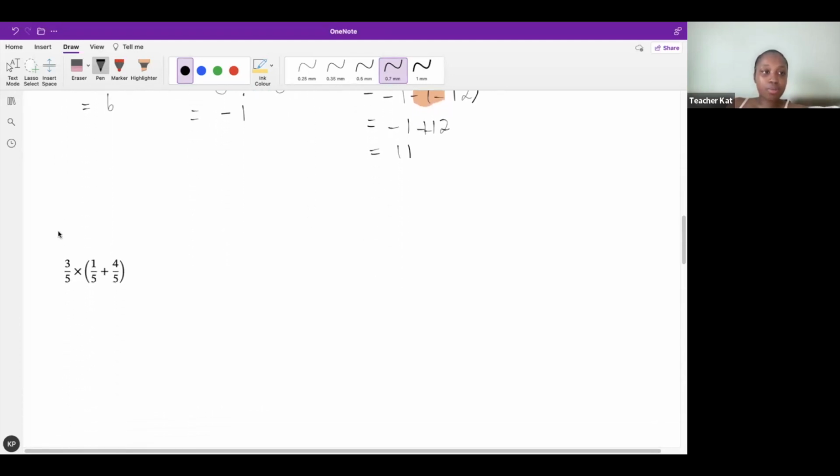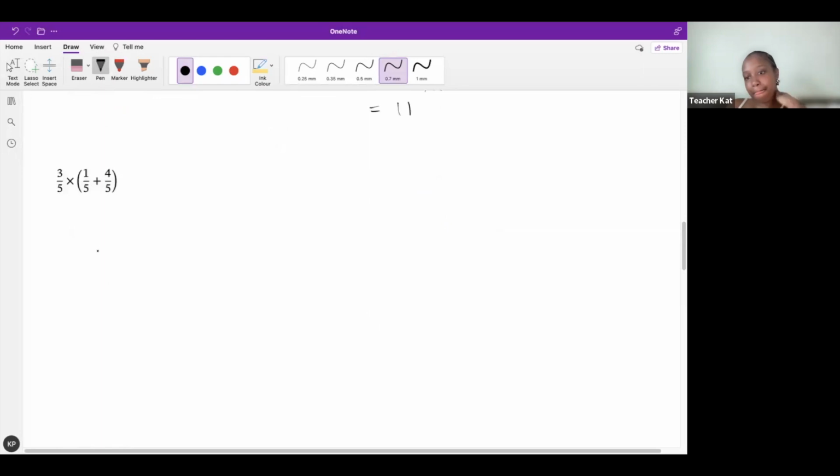Now we're going to do BODMAS still, but with fractions. Okay, so here's my first fraction. Where do I start again with BODMAS? Brackets, inside the brackets. There. Luckily, we don't even need to find the LCD because we already have the same denominator.